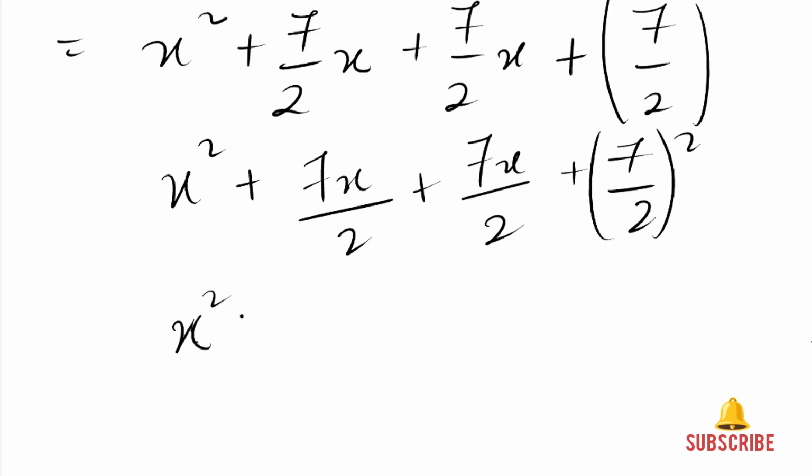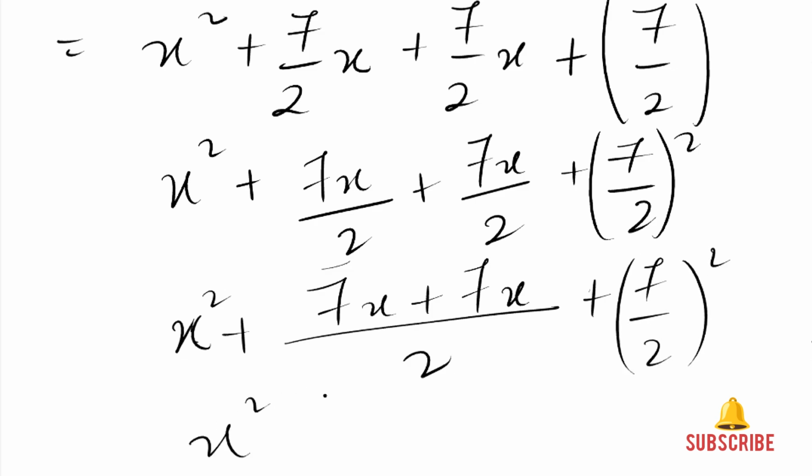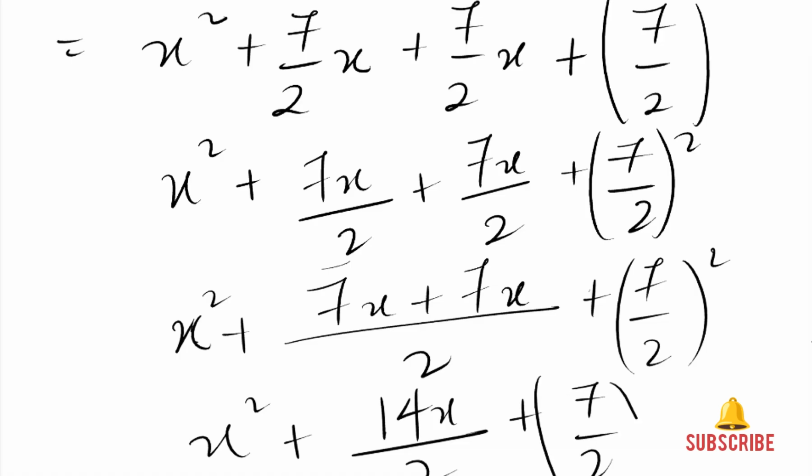So we can write it in a way that we will understand the process. x squared plus, then the LCM is 2, 7x plus 7x, plus 7 over 2 all squared. Then we have x squared plus 14x over 2 plus 7 over 2 squared.